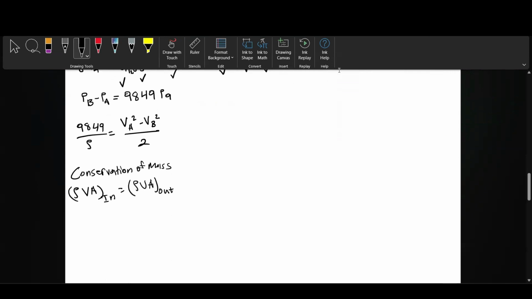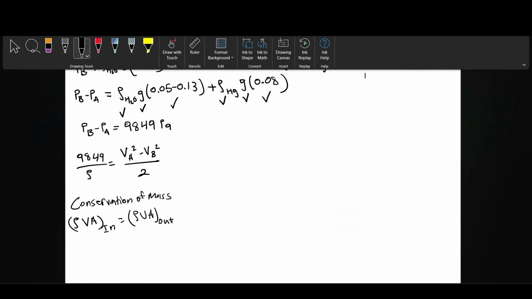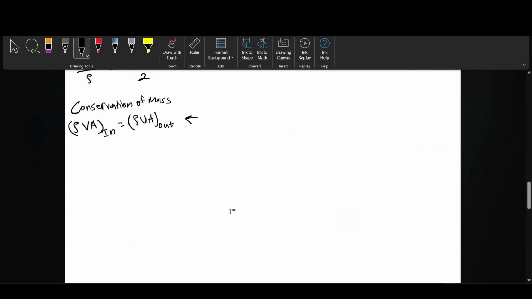So we can make those assumptions and have this equation. But again, be very careful when you're reading your problems. So rho VA in equals rho VA out. Because our densities are the same, we can cancel them. So VA in equals VA out.